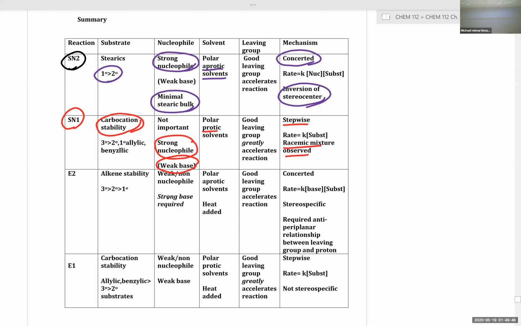The E2 reaction is based on alkene stability with tertiary substrates reacting the fastest. They want a weak non-nucleophile, and a strong base is absolutely required. E2 reactions prefer aprotic solvents. They're stereospecific and require an anti-periplanar arrangement.